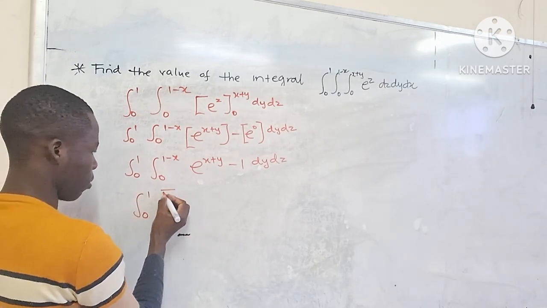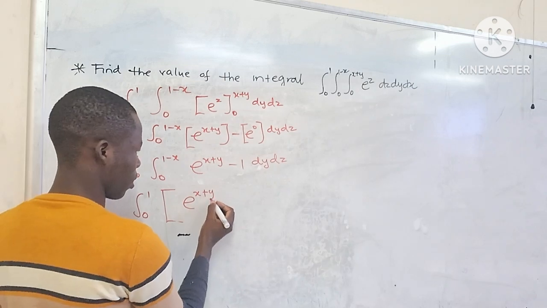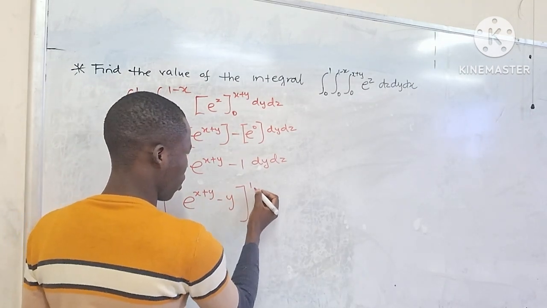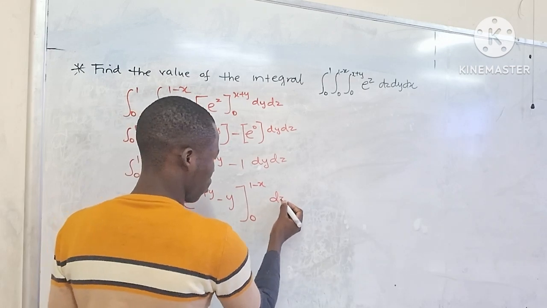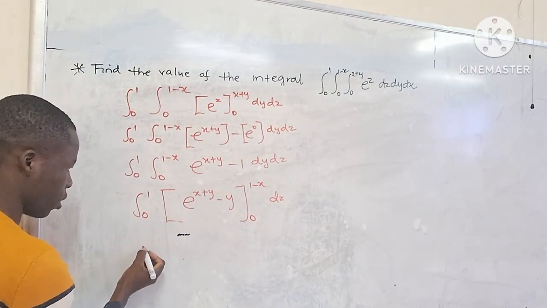From 0 up to 1, this is e to the power x plus y minus y, from 0 up to 1 minus x, dx. Okay, let's substitute.